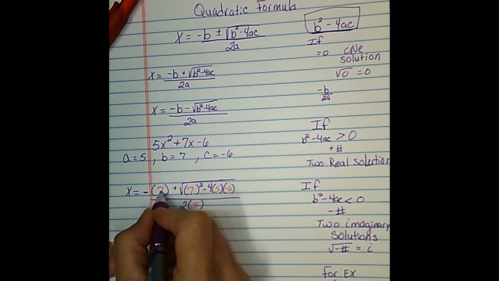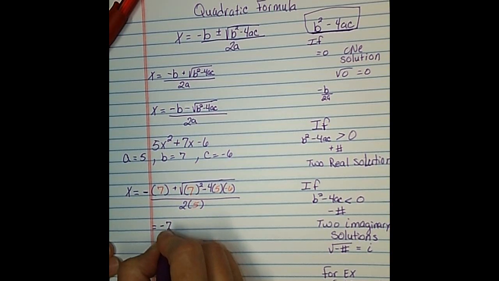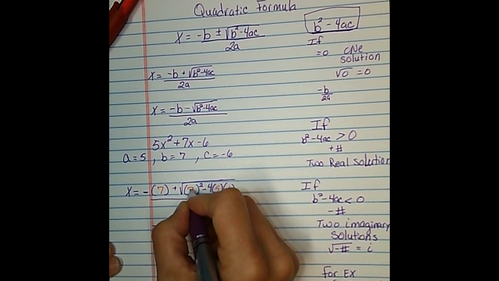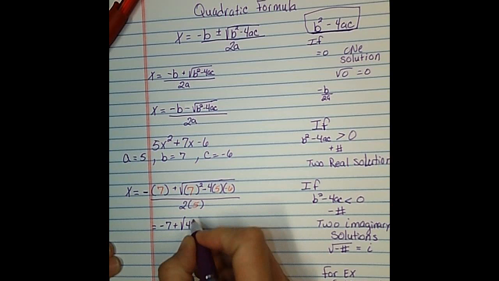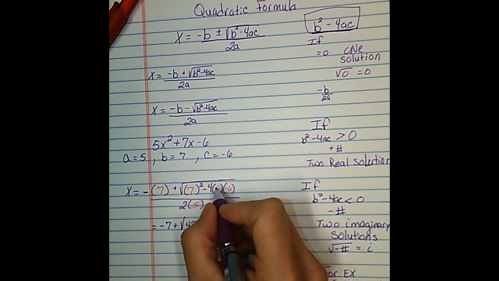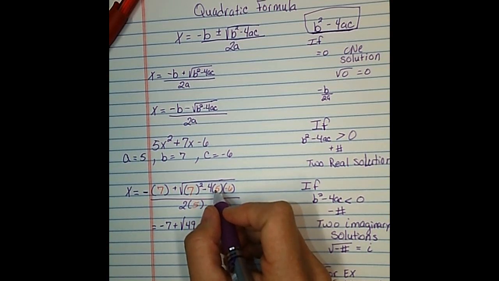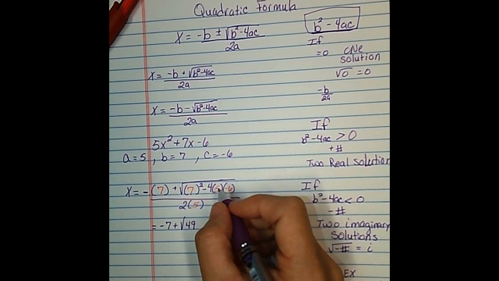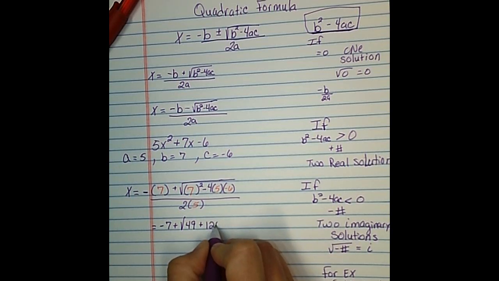So I have negative times positive is negative 7 squared, which is 49. That gives me negative 4 times positive 5, which is negative 20. Negative 20 times, or excuse me, negative 6 is a positive 120.